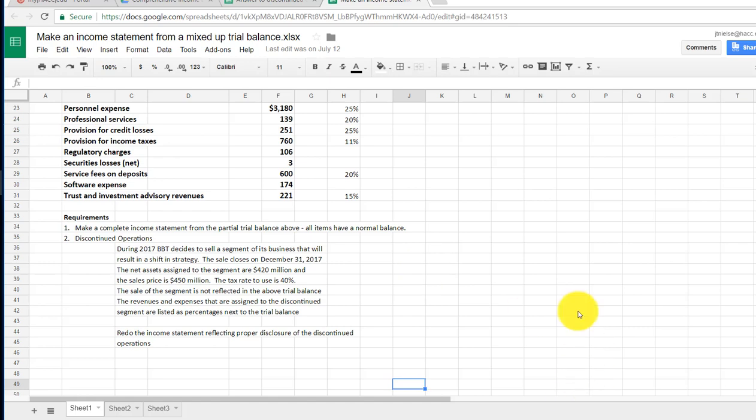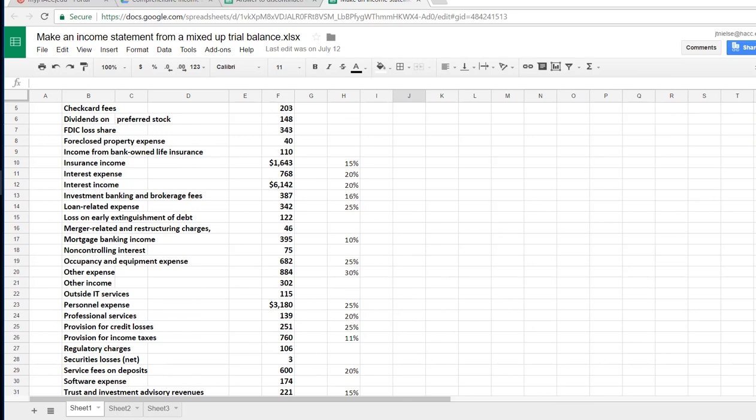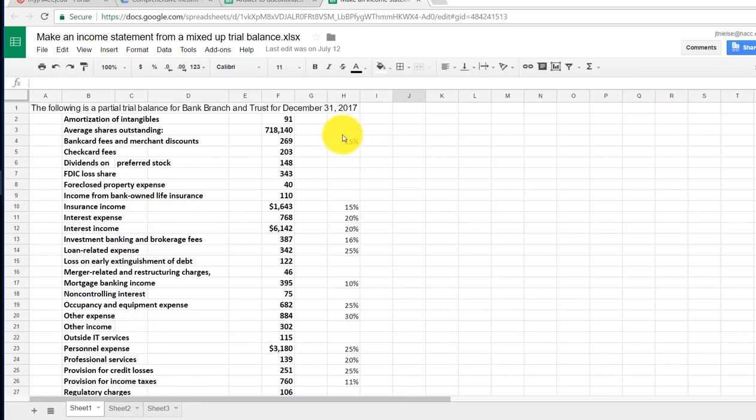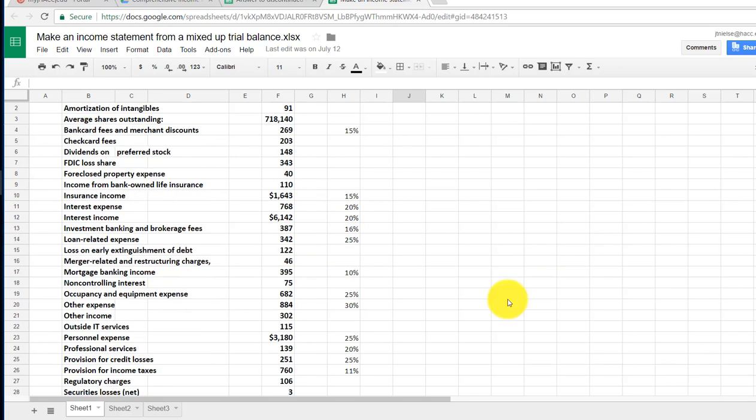So you'll see that above we have various percentages listed out to the side. The items where there's not a percentage are entirely going to continue. Only those that have percentages are going to be those things that are discontinued.